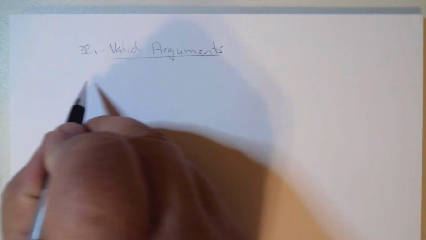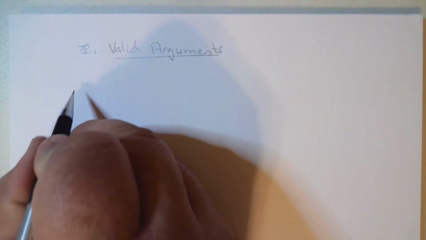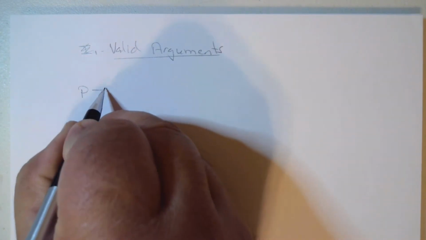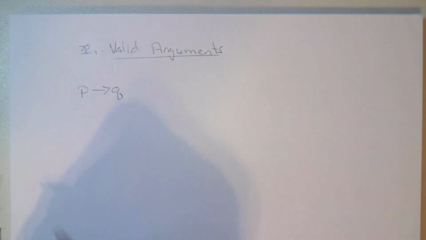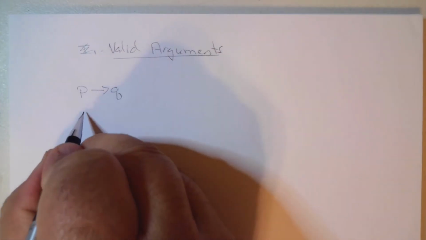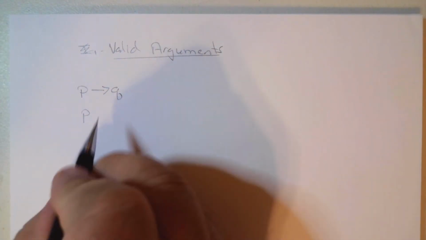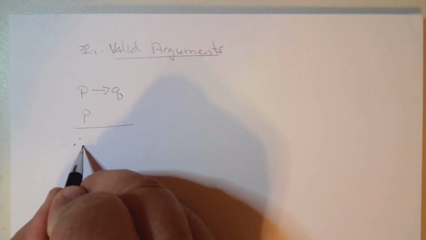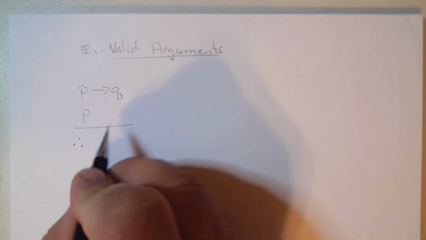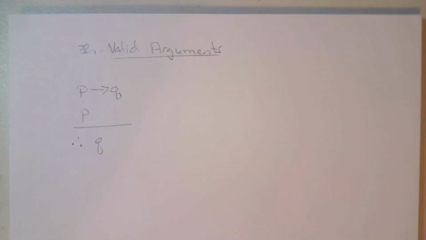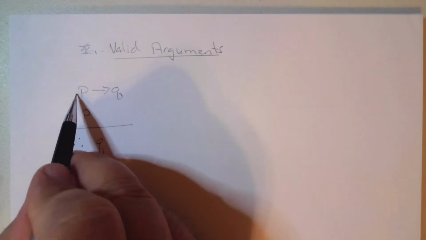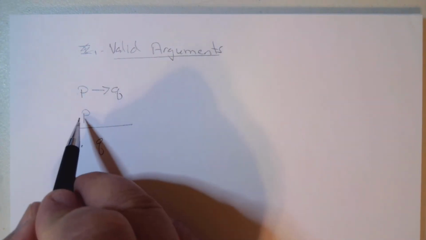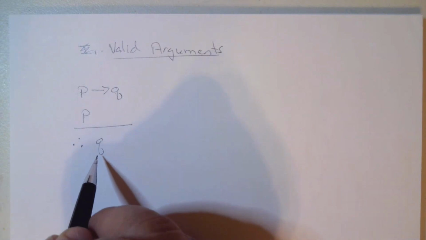You can just go ahead and connect it to these, and you're done. So the first valid argument: if P, then Q. And you're given P. Therefore Q. For example, if it's cloudy outside, then it's going to rain. It's cloudy, therefore it's going to rain.